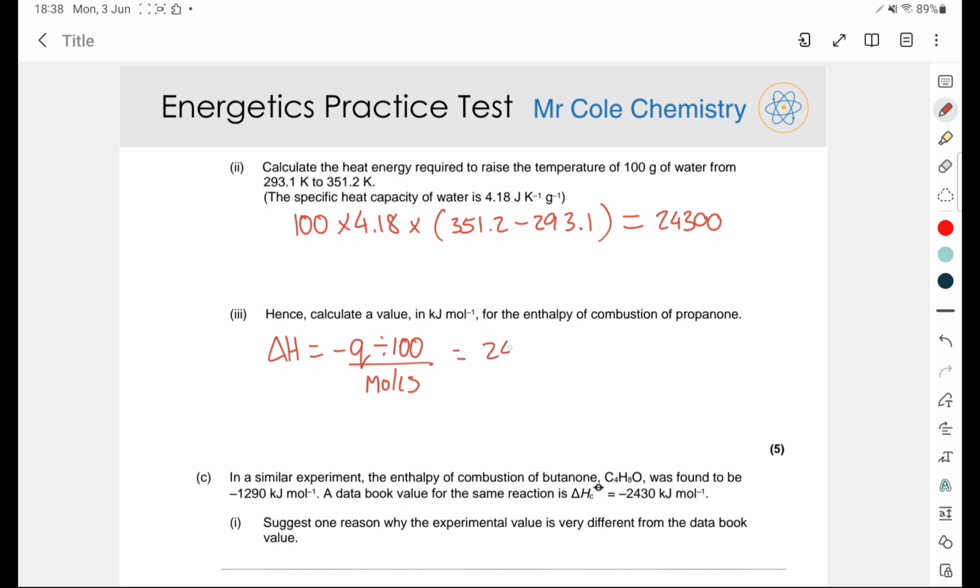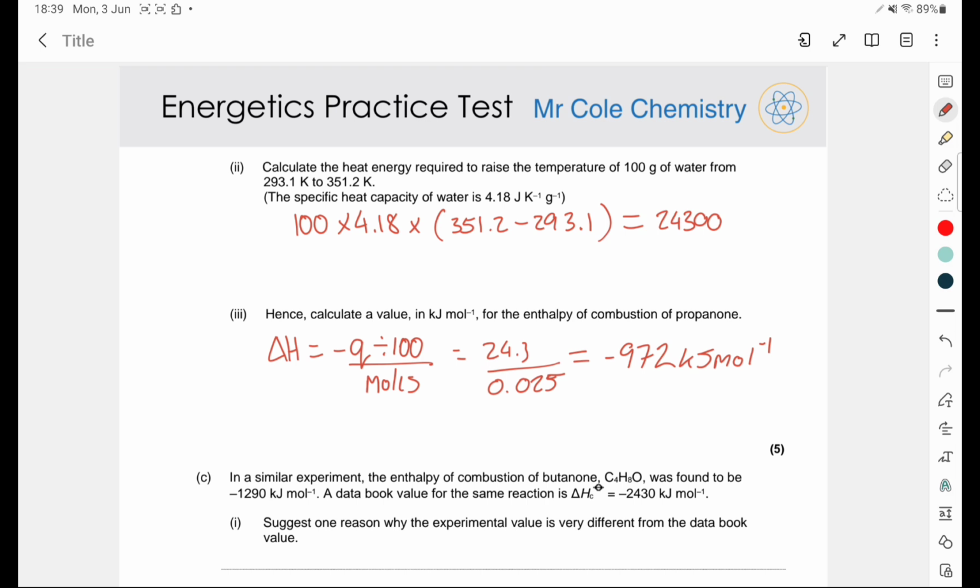So that is 24.3, so that's my 24,300 divided by 1000, divided by the moles of 0.025, which gives us an answer of minus 972 kilojoules per mole.